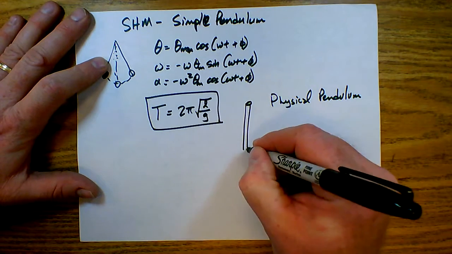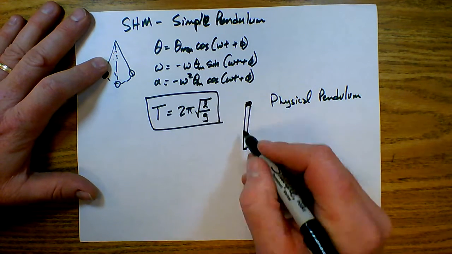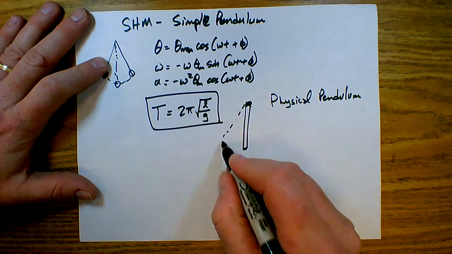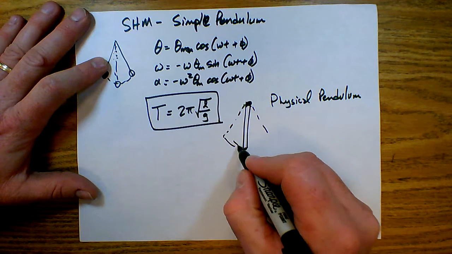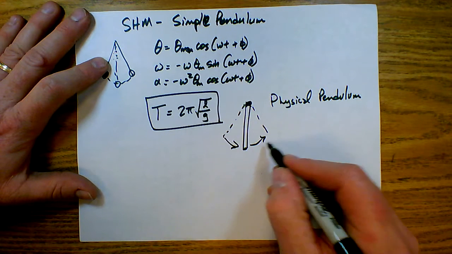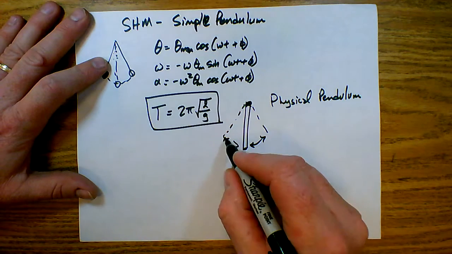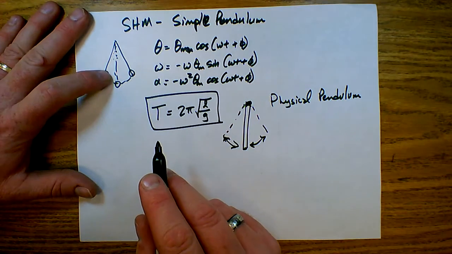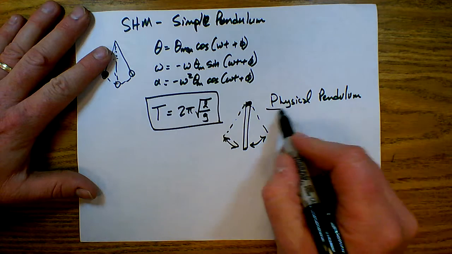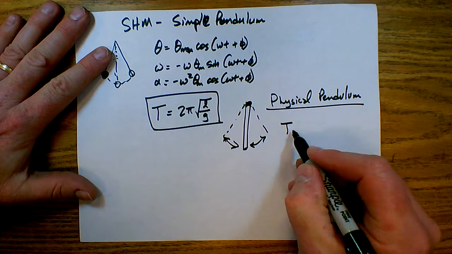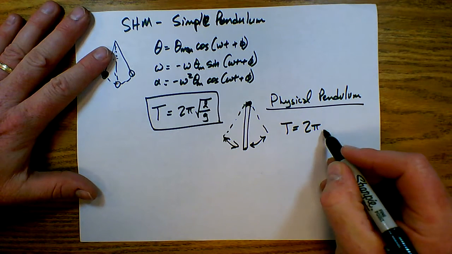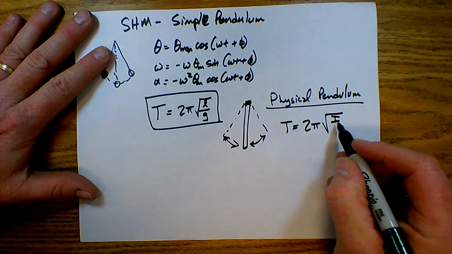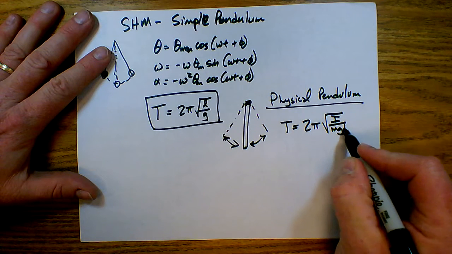So here I've got this uniform rod and it's pivoted here, and I displace it, and it's going to then swing like so. Kind of like a pendulum, only it's a physical rod and it's not a simple pendulum with just a mass at the end. So for the physical pendulum, there is a formula: period equals 2 pi square root of I over mgd.